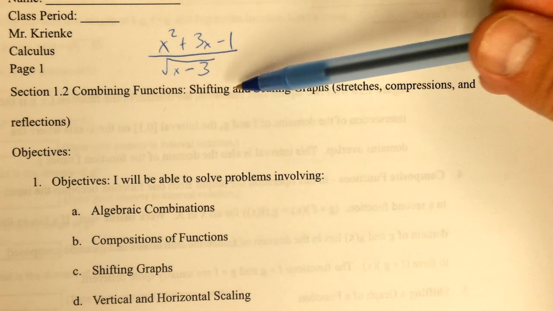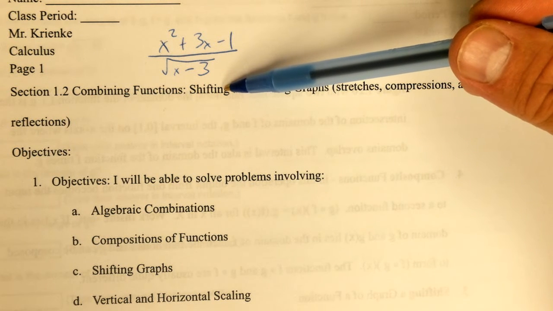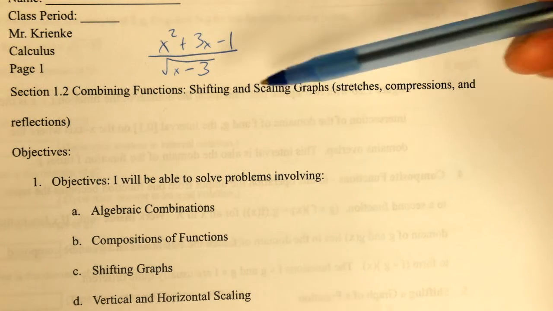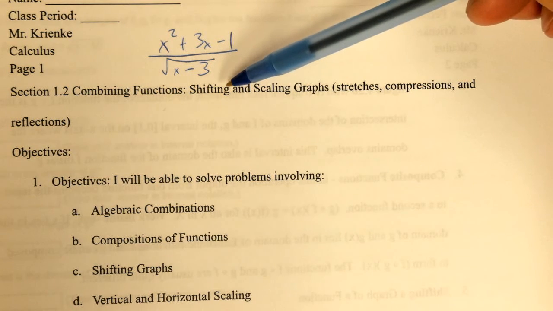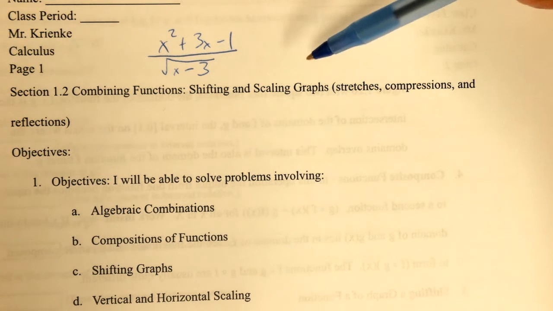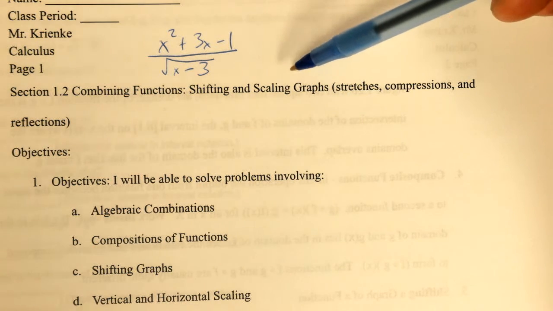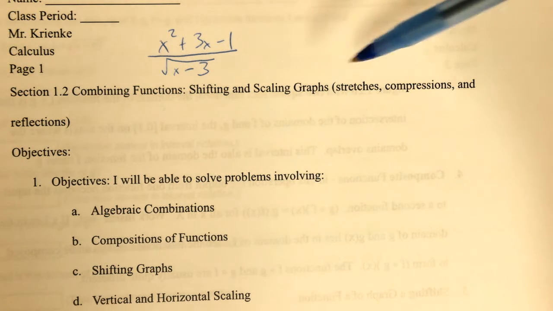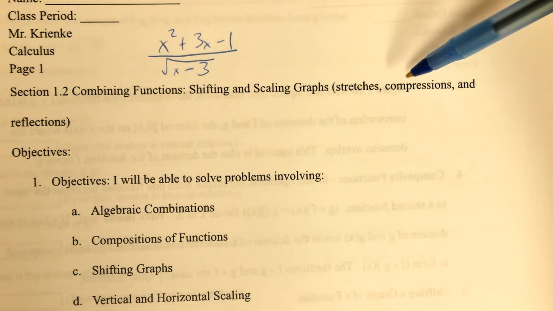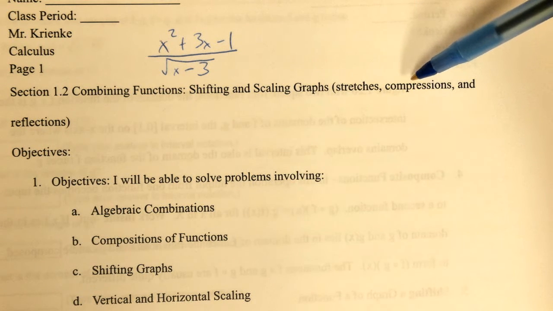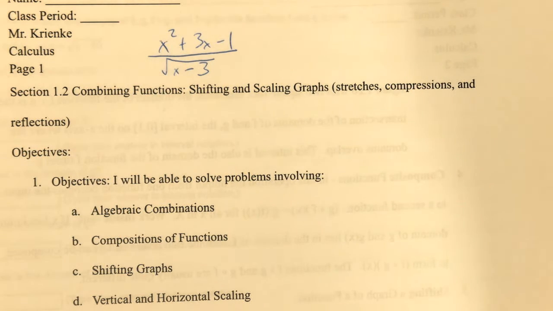There's also shifting, like shifting it up, shifting it down, vertical shifts, also horizontal shifts left and right. You also have scaling graphs, which we usually just call stretch, compression, and shrink. And then there's also reflections across the x-axis and y-axis.